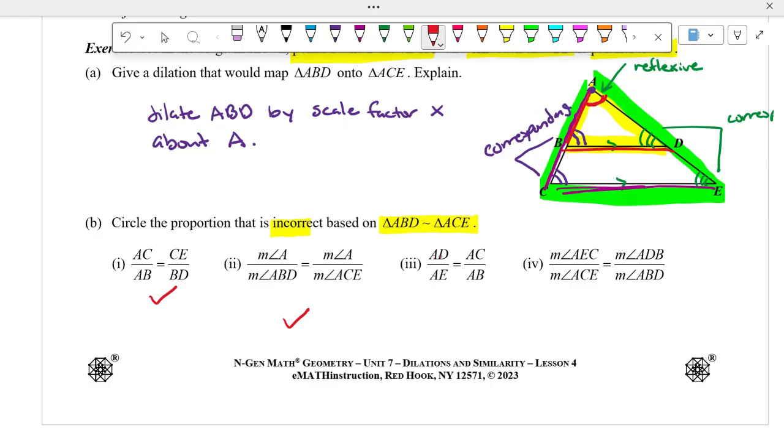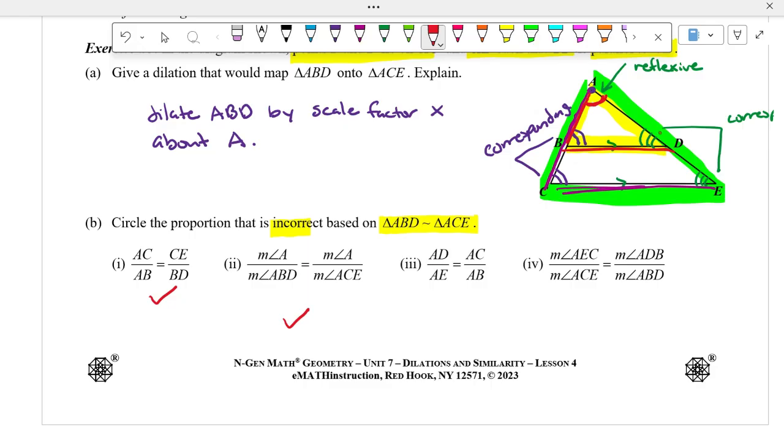Then we have AD over AE. So AD over AE, are those two corresponding sides? Yeah. Then we have AC over AB. Are those two corresponding sides? Yes. But now let's look across. Are AD and AC on the exact same triangle? No, they're not.